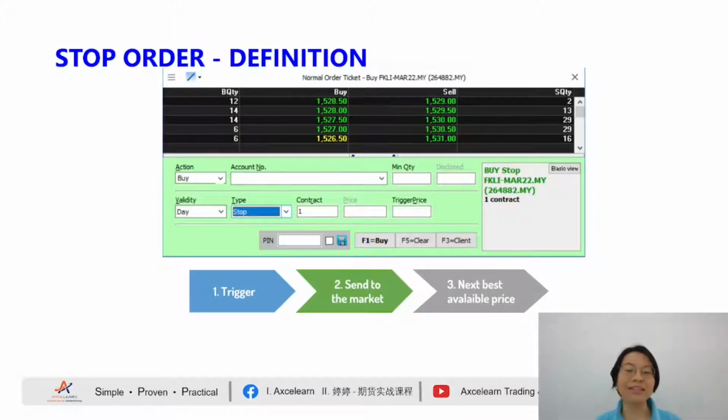Now, you don't need to understand how it works. You just need to remember these 3 keywords. Later, I'm going to show you via an example, so it's easier for you to understand what is meant by triggered, sent to the market, and next best available price. So these are the 3 keywords.